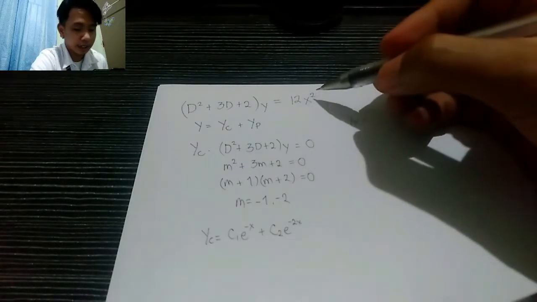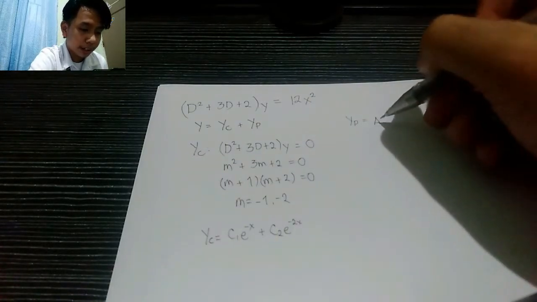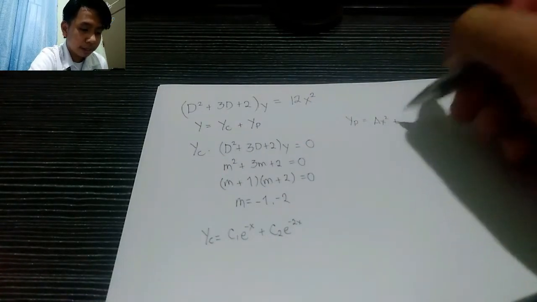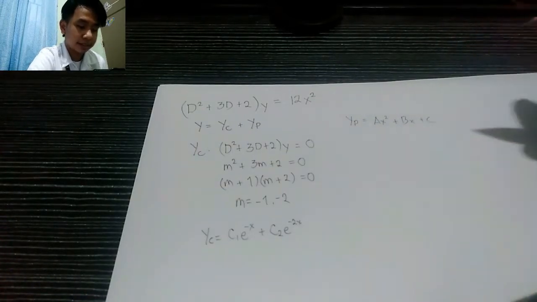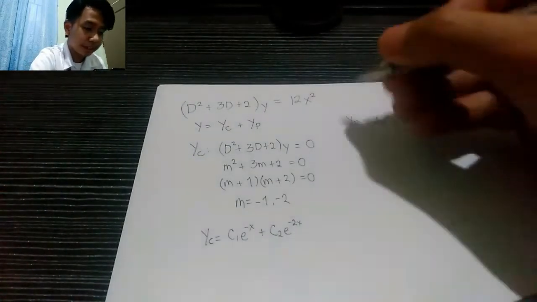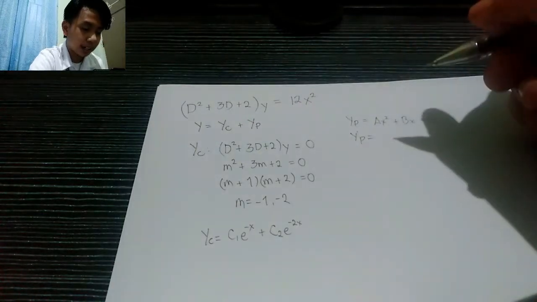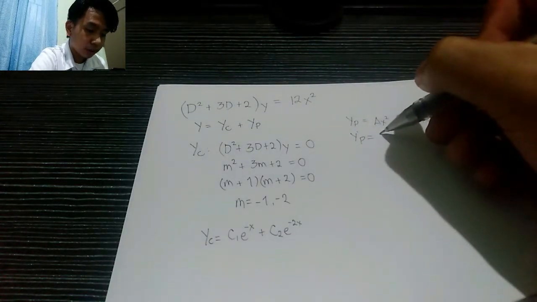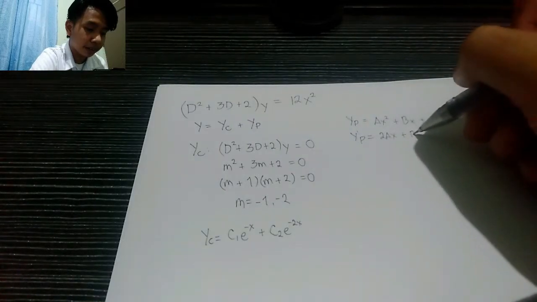So, di ba naka-square siya? Ang gagamitin natin ay yung ax squared plus bx plus c. Ayan. Then, kukuha natin yung derivative. Y prime p is equal sa 2ax plus b.